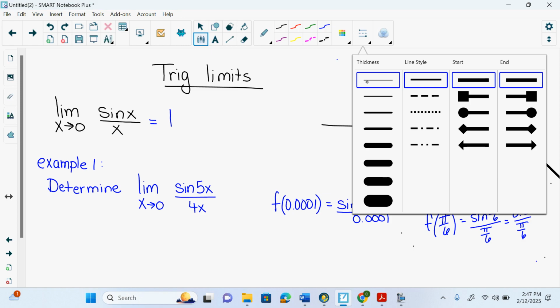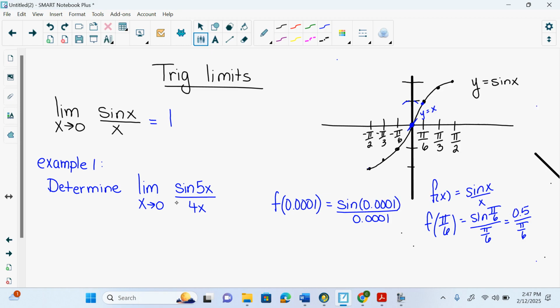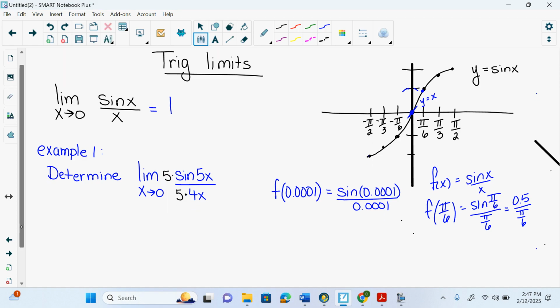Well, I could technically multiply the denominator by 5. But what I do to a denominator, I have to do to the numerator. I'm going to put a 5. And then I'm going to rearrange it. I'm going to get the limit as x approaches 0 of 5 times sine 5x.